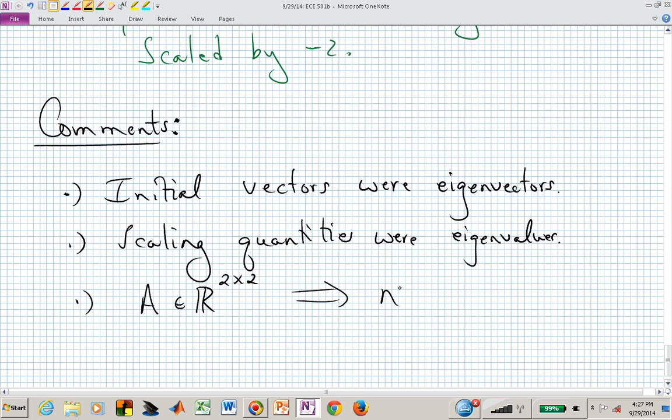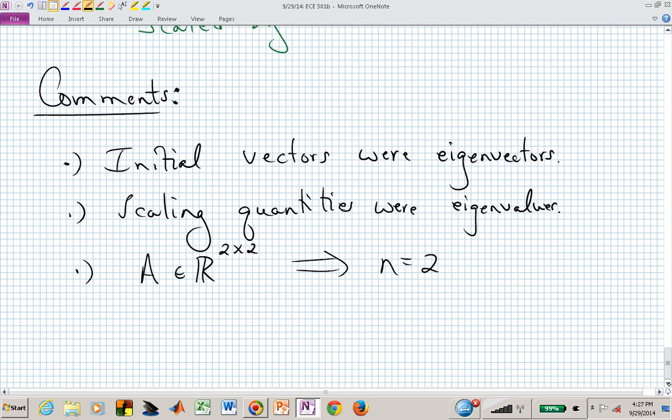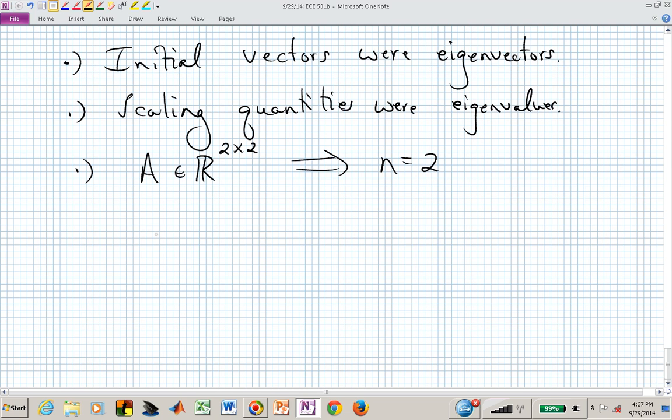If we were looking at the dimension, that now has dimension 2, which now allows us to say that we have 2 eigenvalues. We actually had 2 eigenvectors.